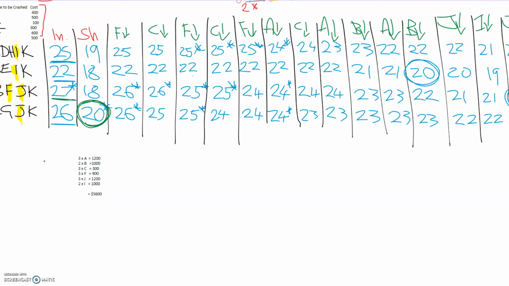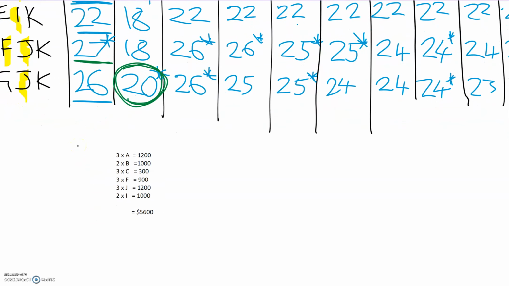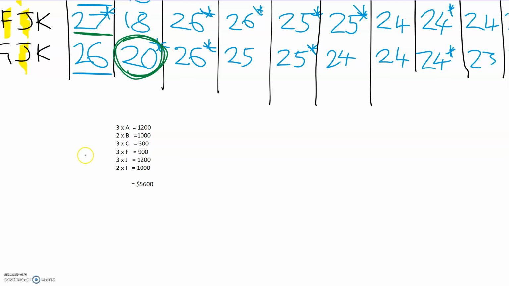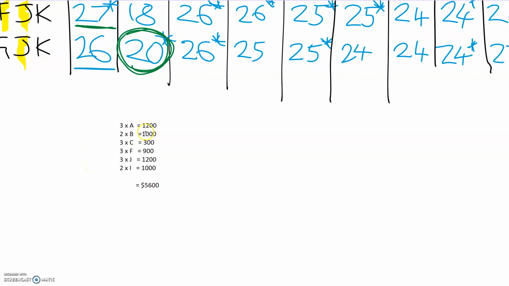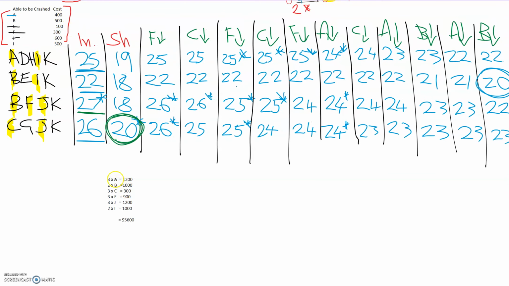And so I tallied up how many times we'd crashed each activity by to work out the total, just like always. But since the totals are different, you have to work out each activity separately. So 3 lots of A's is 1200, A is 400 each. 2 lots of B is 1000, 3 C's, 3 F's, 3 J's, and only 2 I's.